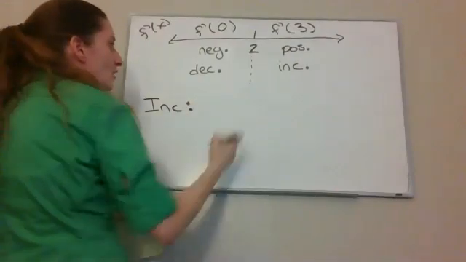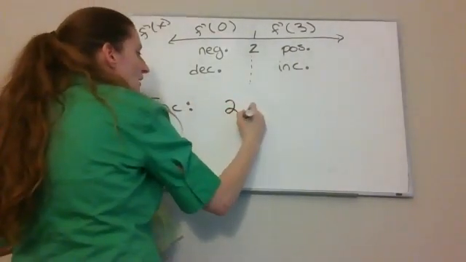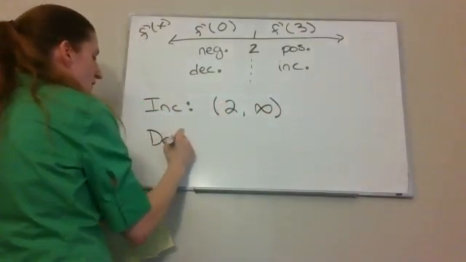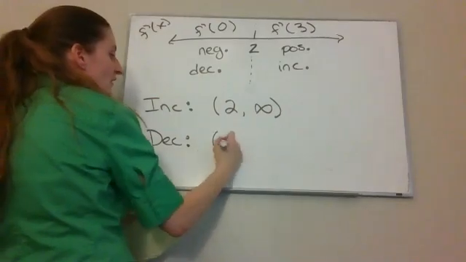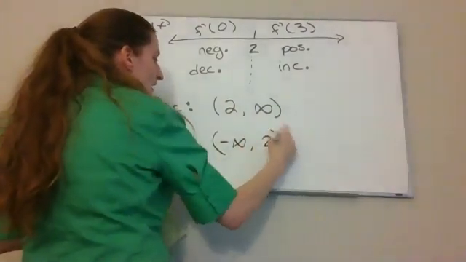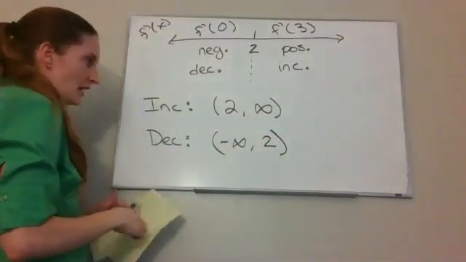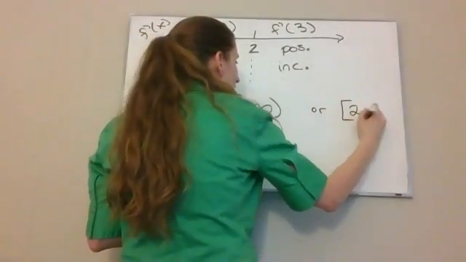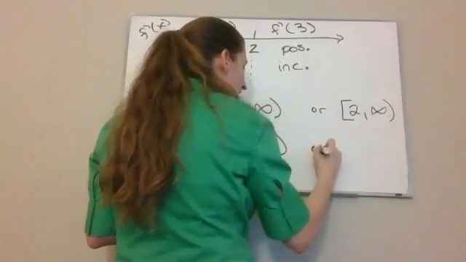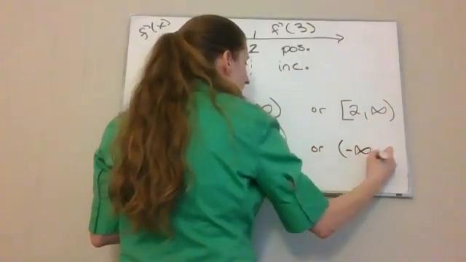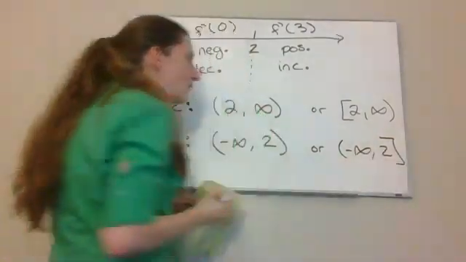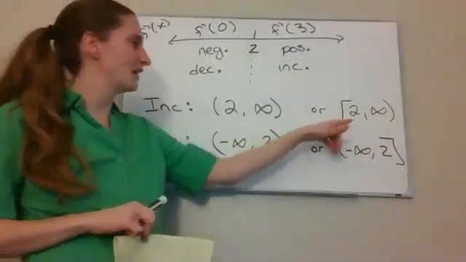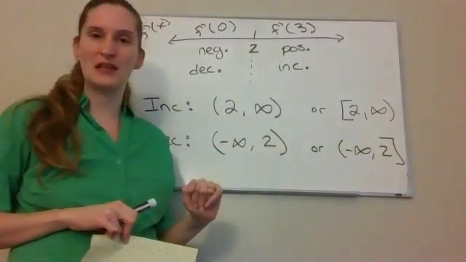Our function is increasing starting at 2 and going to infinity, and it's decreasing from -infinity to 2. And again, depending on the homework system, you might have to use brackets like this to get marked as the correct answer, though I personally do not like that because to me it doesn't make sense to say it's increasing and decreasing at the point 2.